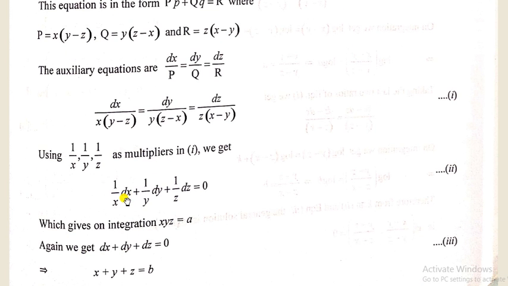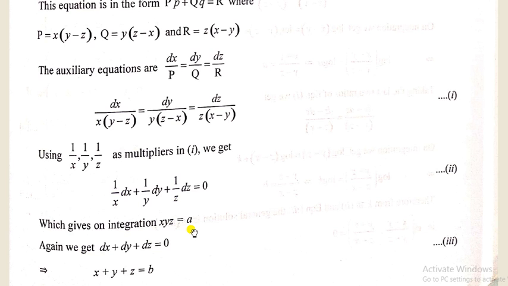Then integrate. We get log x + log y + log z equal to log a, or log of xyz equal to log a, or xyz = a. That is the first result.